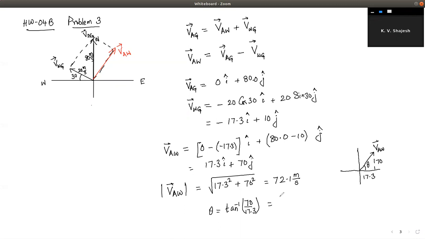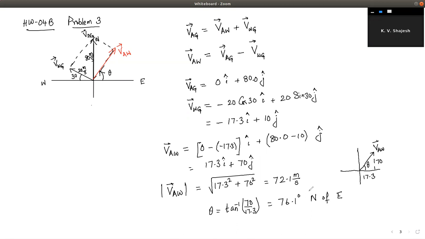So it's 76.1 degrees north of east. So that's that angle theta here.